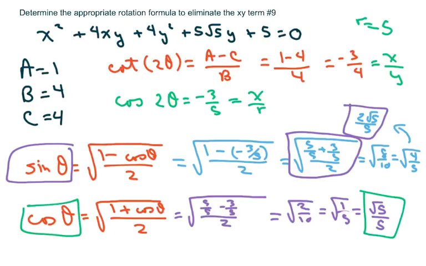Now all we have to do is use our rotation formulas, and I'll write them out here. We have x equals x prime cosine of theta minus y prime sine of theta. So let's fill this out.